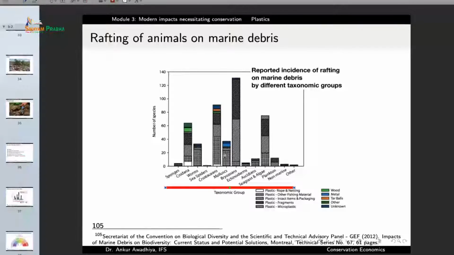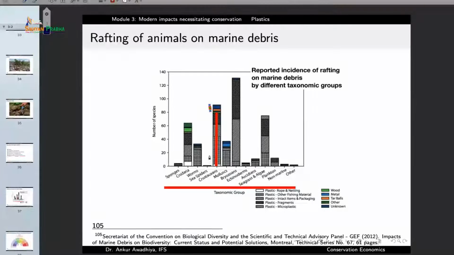And if we have a look at the natural materials, which are there in these colored forms, and the artificial plastics that are being used by these different organisms, say in the case of crustaceans, this much amount of movement is happening because of the plastics, and this much amount of movement is probably a natural movement.